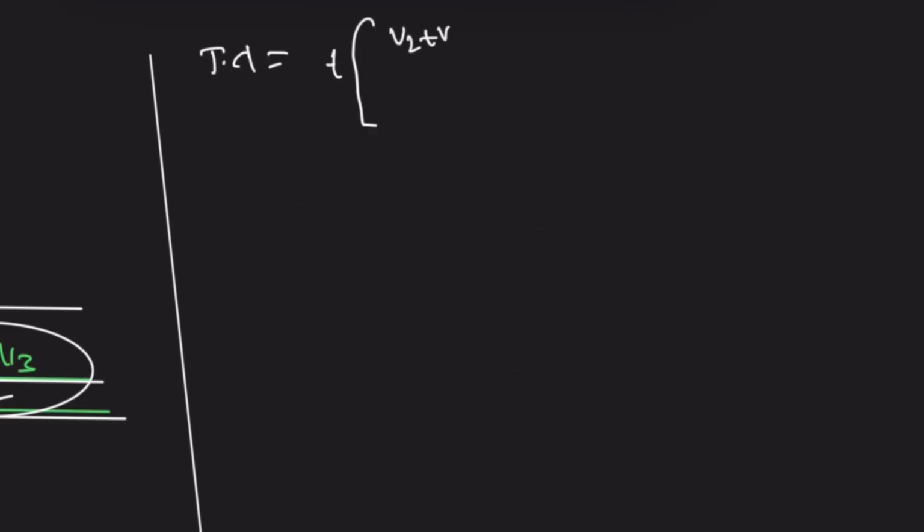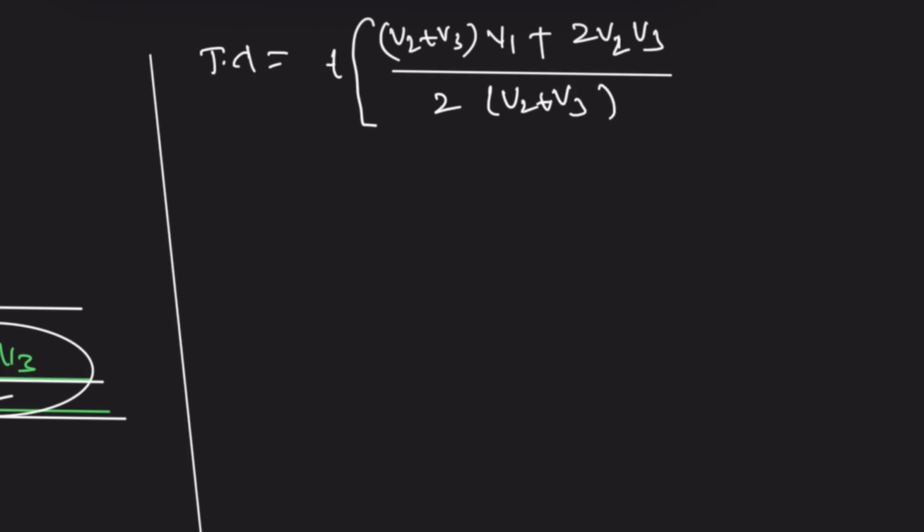So v2 plus v3 into v1 plus 2v2 v3 by 2 into v2 plus v3. So this is the total distance. So the total distance we get is t into v2 plus v3 into v1 plus 2v2 v3 by 2 into v2 plus v3. So what is the average speed formula? Total distance by total time.